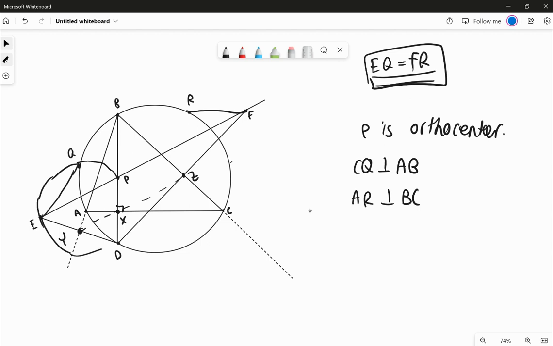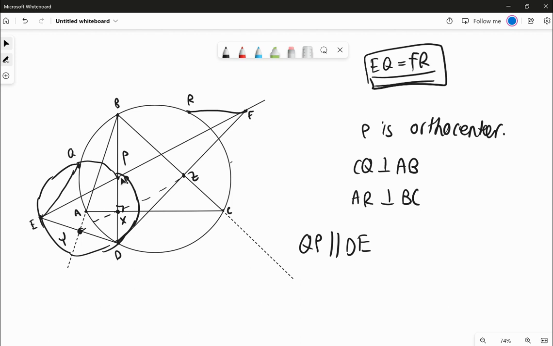It could help. So if these two lengths were equal, then that means that we have an isosceles trapezoid from properties of circles, which means that QP is parallel to ED. So we want to prove that QP is parallel to DE.